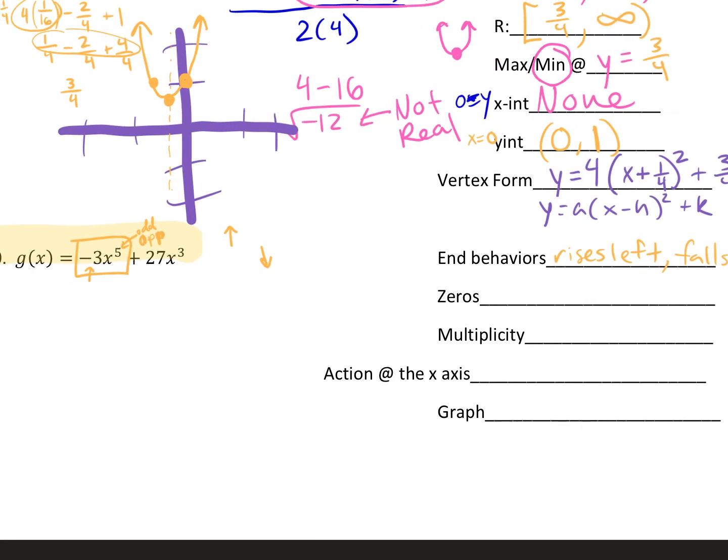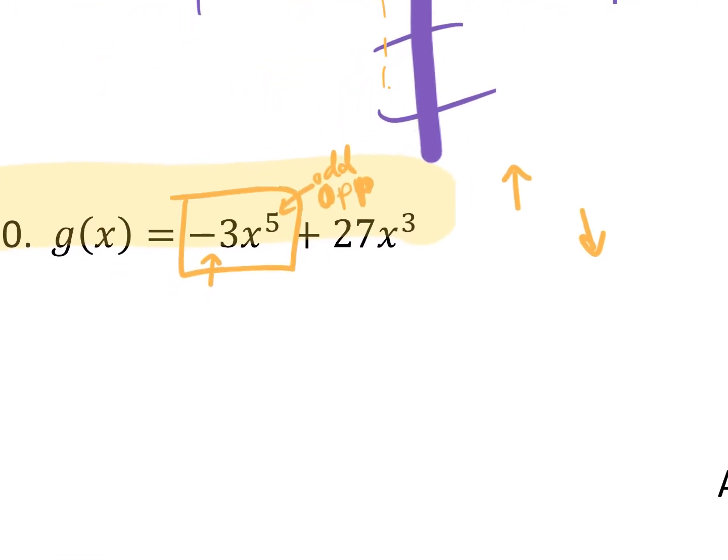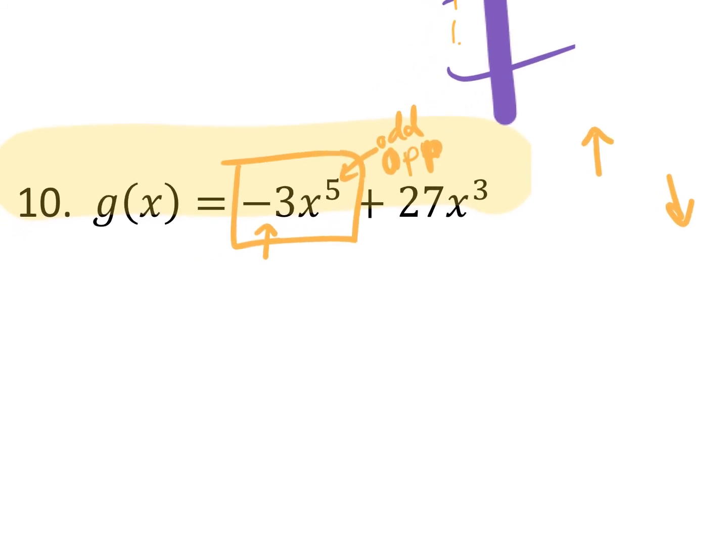All right, next, let's find the zeros. How can I find the zeros? I need to factor it. I can take out my greatest common factor, so I'm going to take out a negative 3x cubed. So divide both of these by negative 3x cubed. So then I'd be left with x squared minus 9.